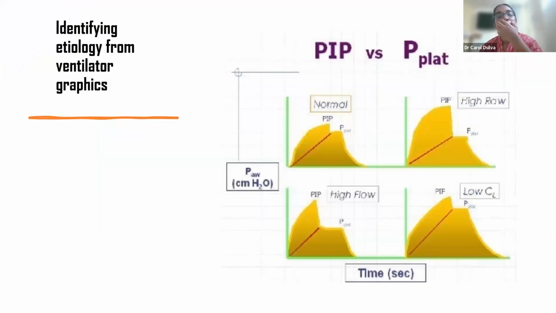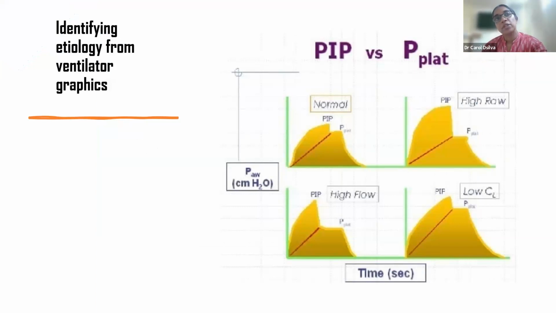Now, because most of you are critical care nurses, I also want you to identify the problem from the ventilator graphics. So what you should check is something called the peak airway pressure, which I'm sure most of you are familiar with. Any patient on controlled modes of ventilation will have a particular peak airway pressure. You have to set your alarms correctly, first of all, to identify if it is increased.